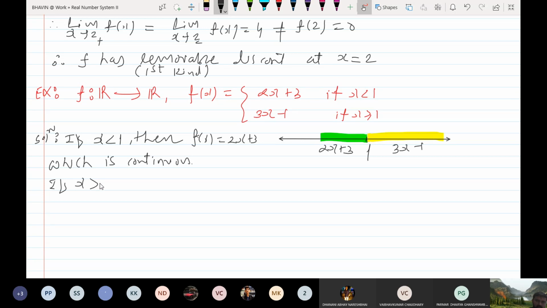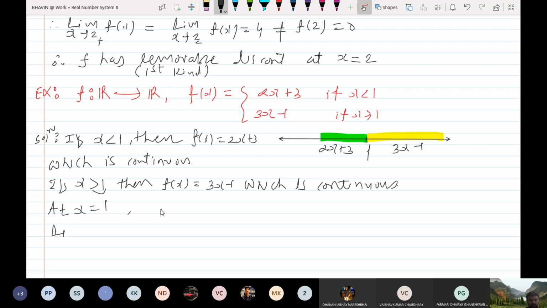If x is greater than 1, then what is f(x)? 3x minus 1. At x equal to 1, what is f(1)? f(1) यहाँ से निकलेगा, क्या आएगा? 3 into 1 minus 1, that is 2.